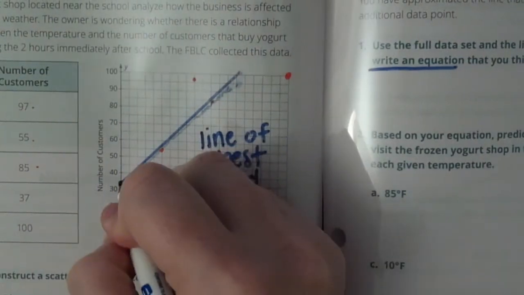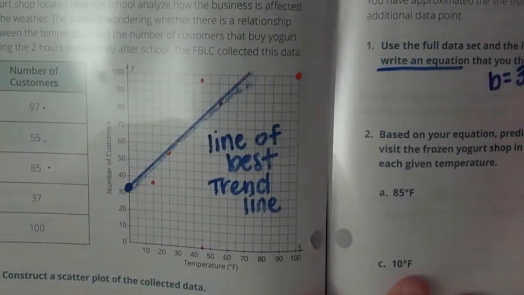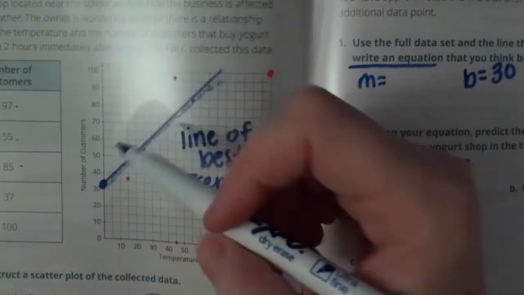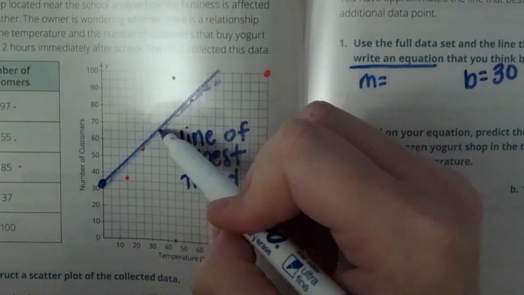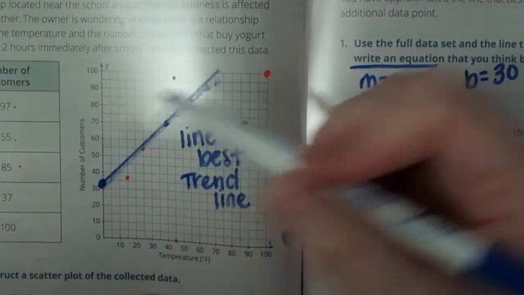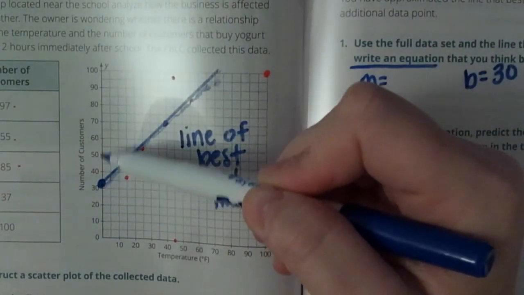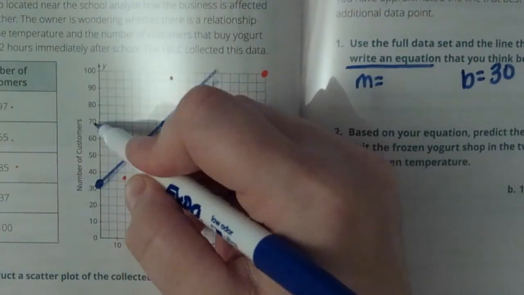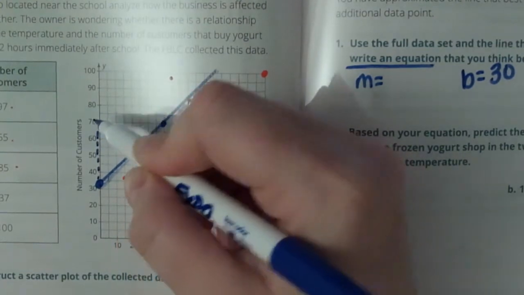We know it starts at 30, so our b would equal 30. Now let's try to find the slope of the line we drew. It's crossing there, maybe there. Remember, I would have to count. It's at 35, now it's at 70. So 5, 10, 15, 20, 25, 30, 35.